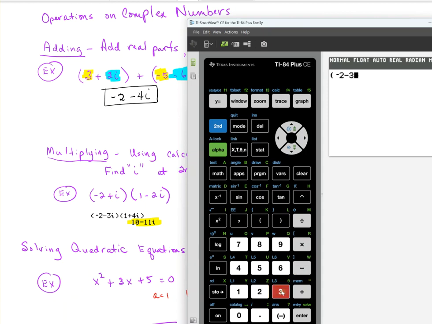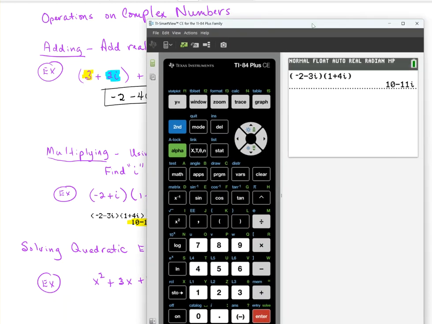Now I need the i, and right here above the decimal, so second and the decimal key gives me that. I hit parentheses, open another set, 1 plus 4, second decimal, close, and hit enter. And I do get 10 minus 11i.